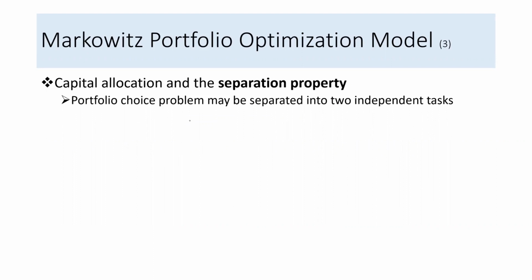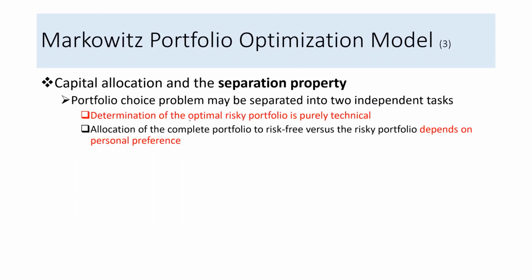The choice of the portfolio and the determination of the proportion that you want to invest in the risk-free asset versus the risky portfolio are two different decisions. The determination of the optimal risky portfolio is purely technical: we first come up with an efficient frontier, then there's a risk-free asset, and then we can just find the tangency portfolio. These are all technical and will be solved mathematically.